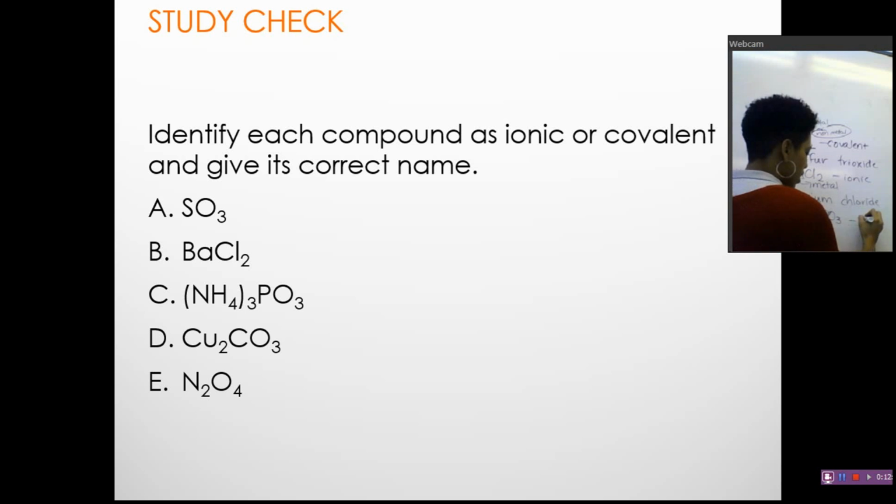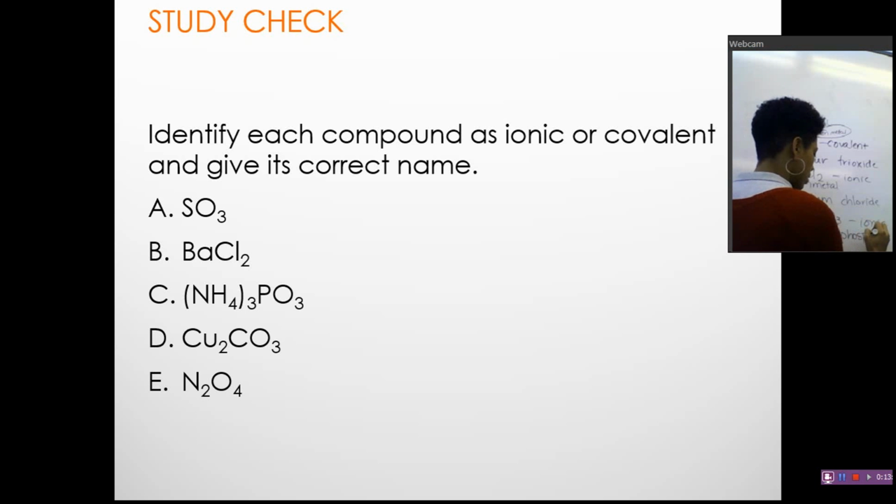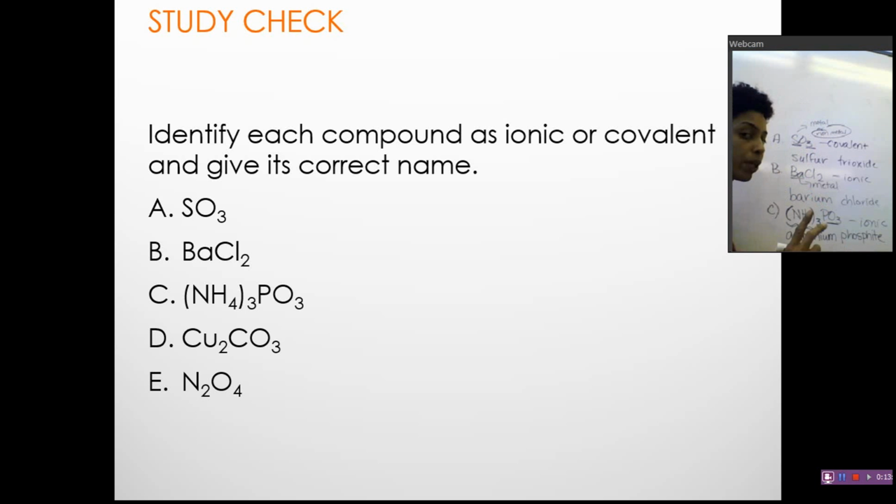So this is going to be an ionic compound. And what's the name? Well, I've already given you the name. You guys need to memorize that slide with these names, right? So this is ammonium, and this is phosphite, PO3, not PO4. If it was PO4, it would be phosphate, okay?